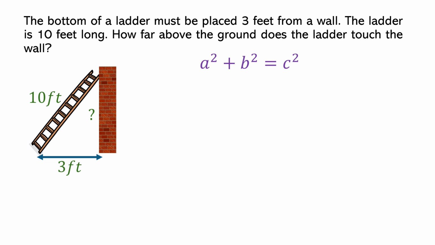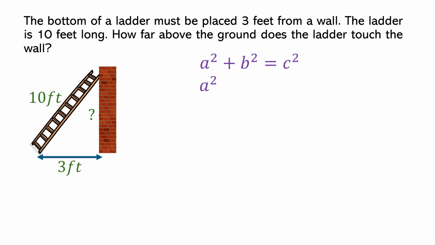Based on the Pythagorean theorem, the sum of the squares of the shorter sides, which in our problem are the ground and the height of the wall, is equal to the square of the length of the ladder, or the hypotenuse. So this is the concept of the Pythagorean theorem. As long as it involves a right triangle, and you're given the sides and one side is missing, you can use the Pythagorean theorem. It's named after the mathematician Pythagoras.